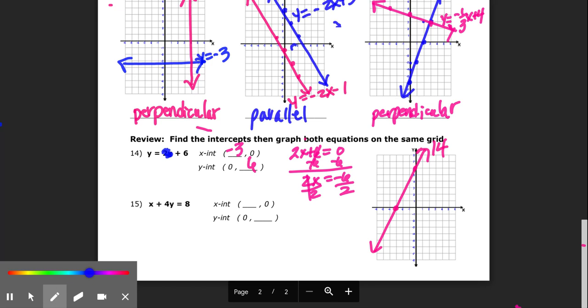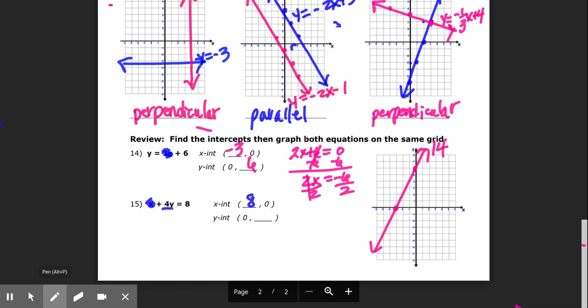All right, then on 15, the x-intercept is when y is 0. So basically right here, 4 times y, 4 times 0 is 0. So basically it's just canceling out that whole 4y term like we did up on 14. So x equals 8. All right, then the y-intercept is when x is 0. So basically it's just canceling out that x right there.